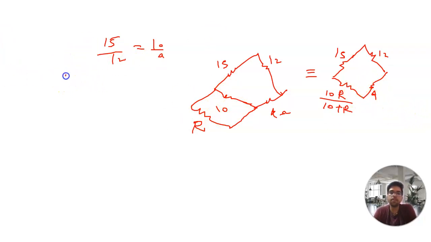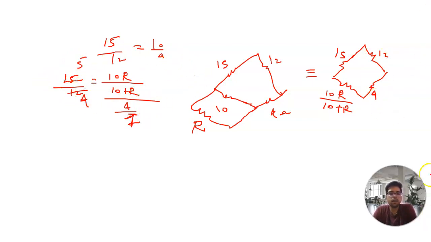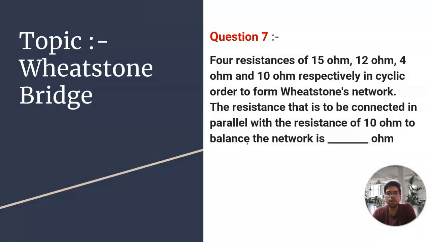Now we will apply 15 by 12 equals 10R by 10 plus R divided by 4. So simply you just need to apply the calculation. 3 5s are 15, 3 4s are 12, and finally you will get the answer. I hope you can easily solve the value of this R.